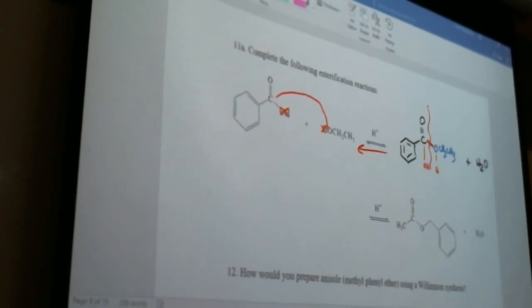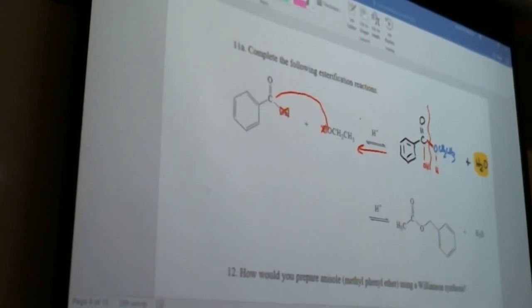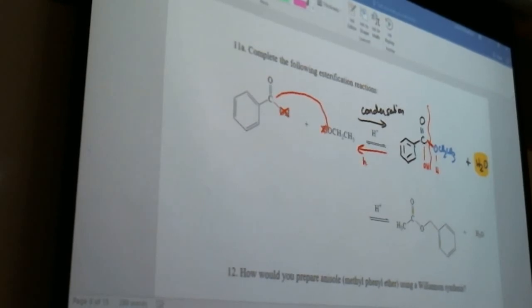But this is an equilibrium that is controlled by the amount of water that I have. In the forward direction, this is an esterification or condensation. We are condensing these two organic molecules into one. In the reverse direction, we are adding water. This is a hydrolysis.